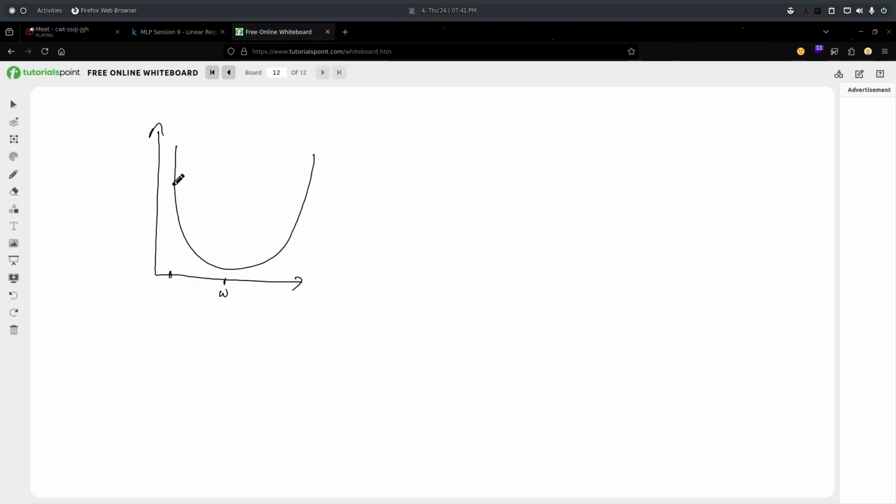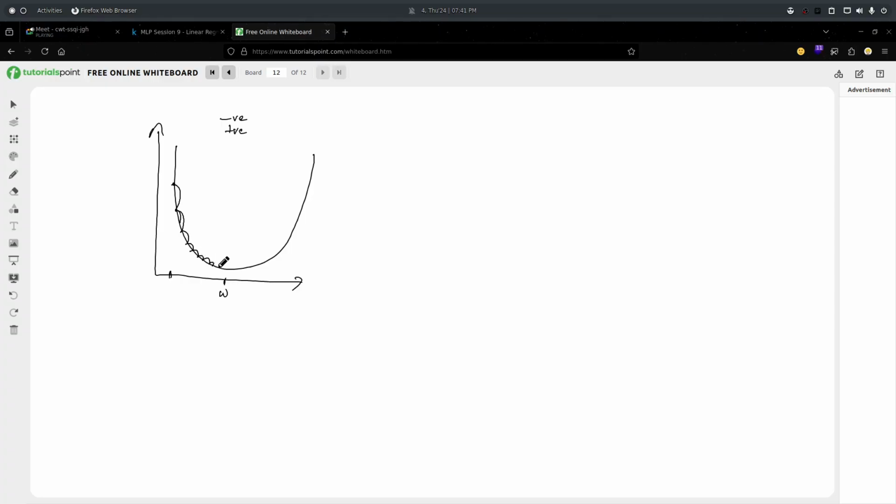We are just finding the slope and subtracting it. Whenever the cost is high, the slope will be higher. The value of the slope will be high, whether it is negative or positive. As we go down and down, the slope will decrease and the steps will become smaller and smaller.